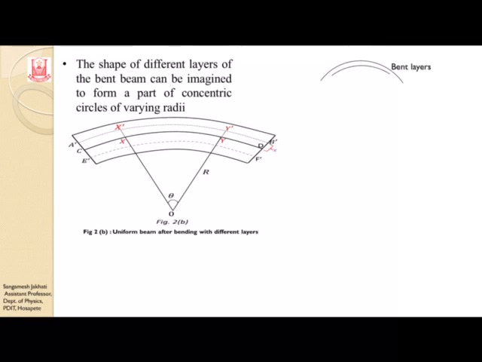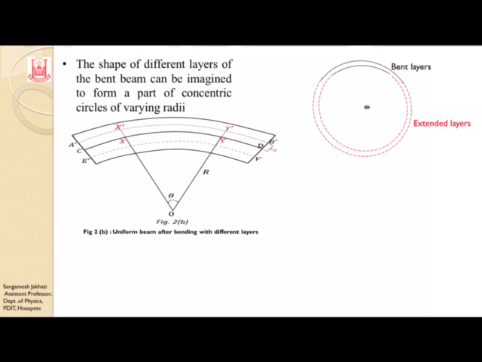One is A dash B dash, another is CD. Suppose I extend the inner bent layer like this, so I am extending the end parts of the bent layer. That dotted red line is representing an extended part from the ends of the bent layers.